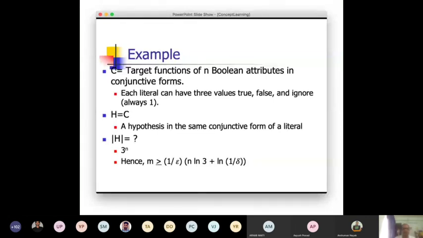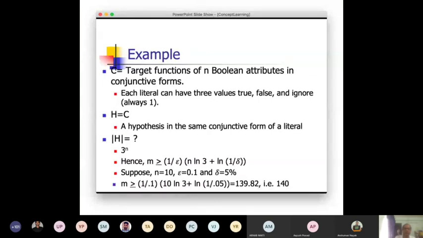Hence, m is greater than or equal to 1 by epsilon times (n log 3 plus log of 1 by delta). If I put some values, suppose n equal to 10, epsilon is 0.1, delta equal to 5%, you will find m is quite small, 140. Even though it is an overestimate, this number is still small for this conjunctive normal form.